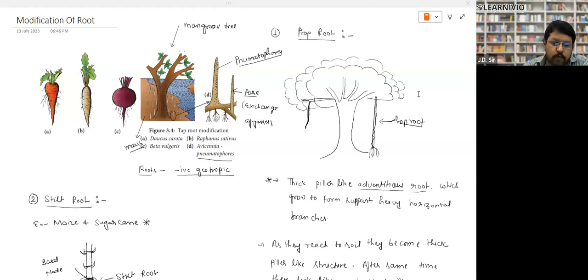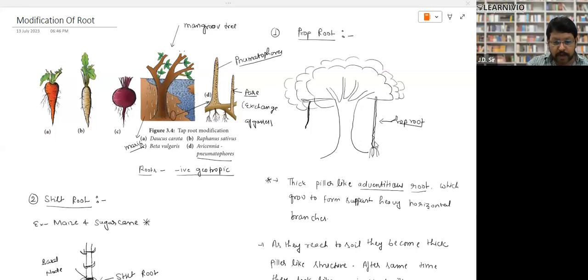Look, I have told you that these prop roots arise from the branches. So what are the branches? Branches are basically stem. When they go down and reach the ground, then they develop roots. What kind of root? They develop adventitious roots. This is the second question which has been asked in medical examination. So these prop roots develop from the stem.